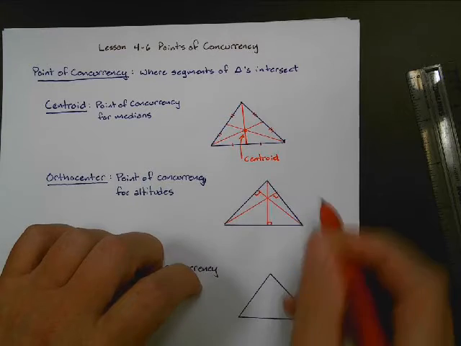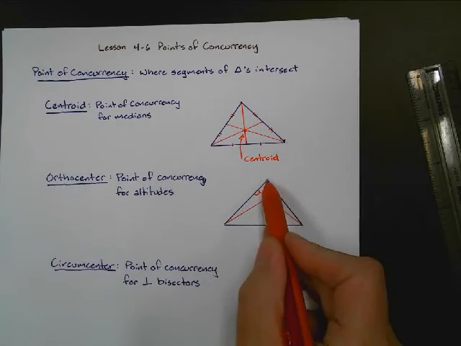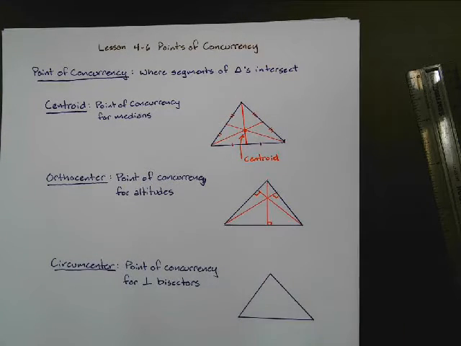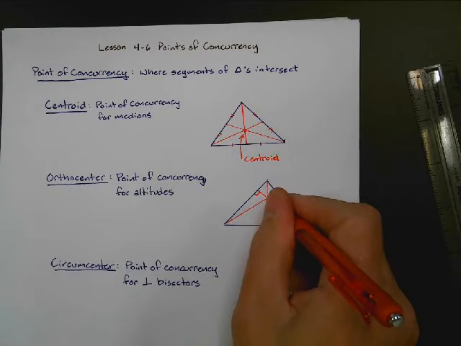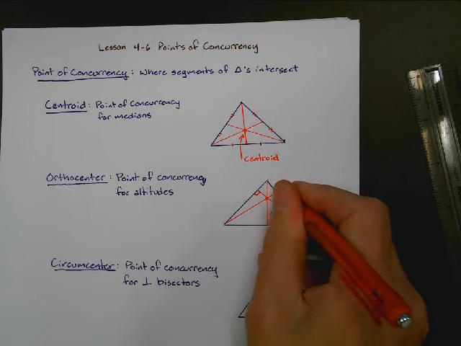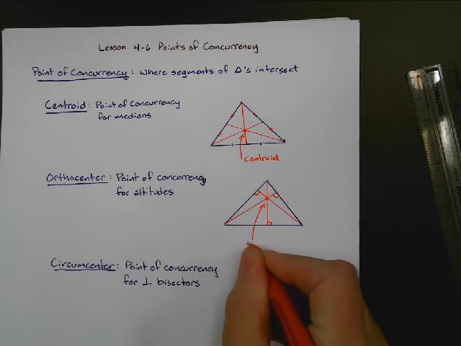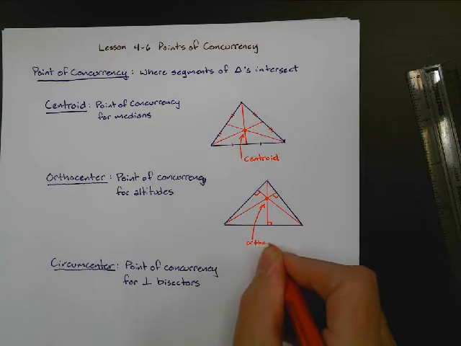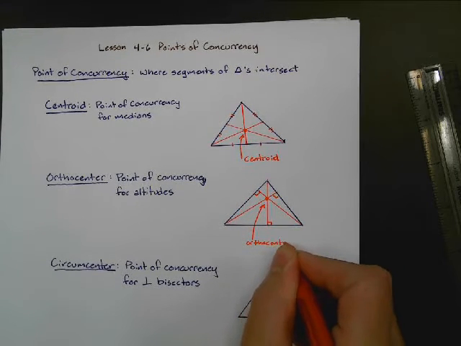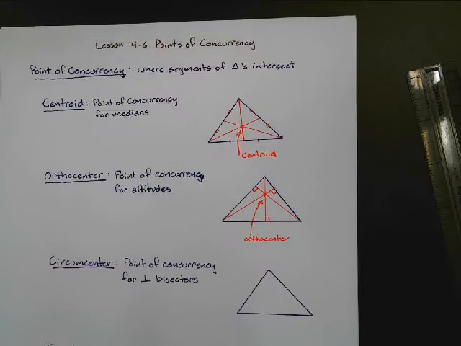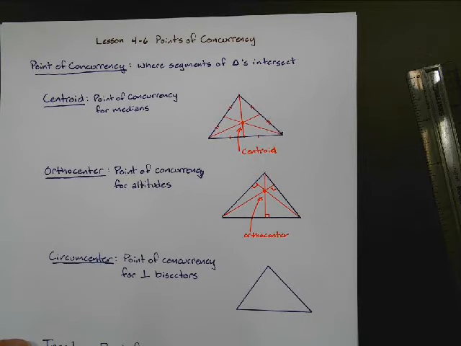So all of our altitudes go from a vertex to the opposite side at a 90-degree angle. And then we would say, okay, that is my orthocenter right there. And we didn't do anything special mathematically with orthocenters. It's just a different point of concurrency.